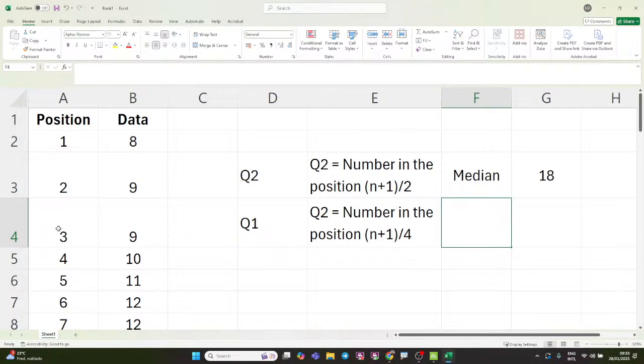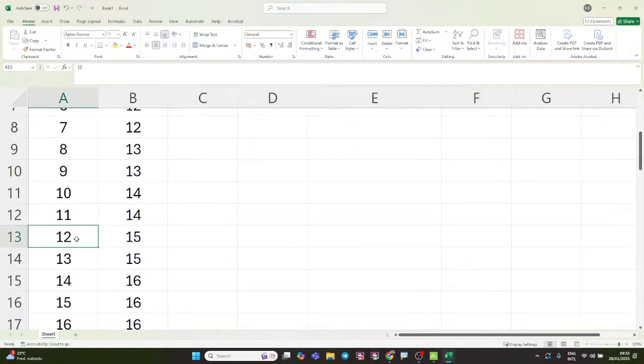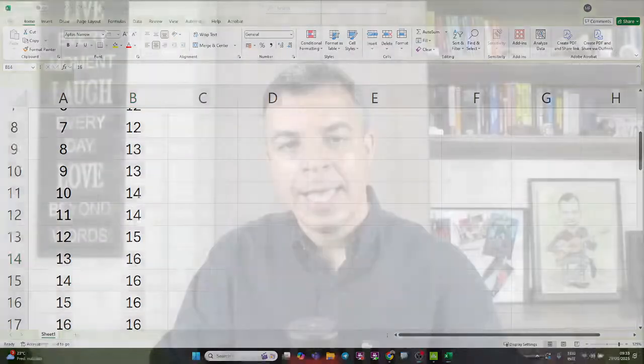12.75. So where's 12? 11, 12. Let's suppose we had here 16. The distance between 15 and 16 is 1 in this case. So for 12.75, I would need to interpolate and take 75% of the distance, of the difference. The difference is 1, so 75% would be 0.75.